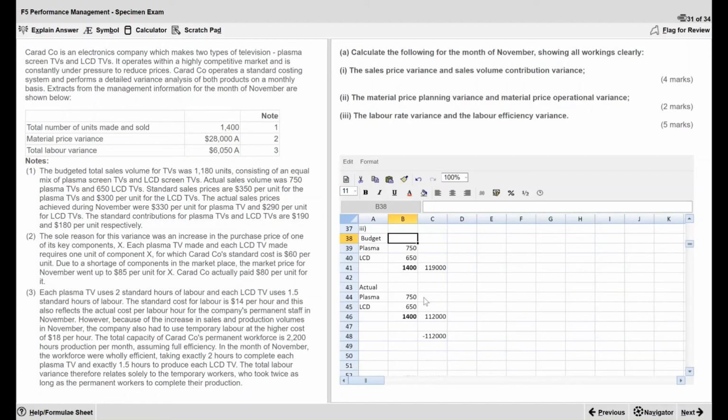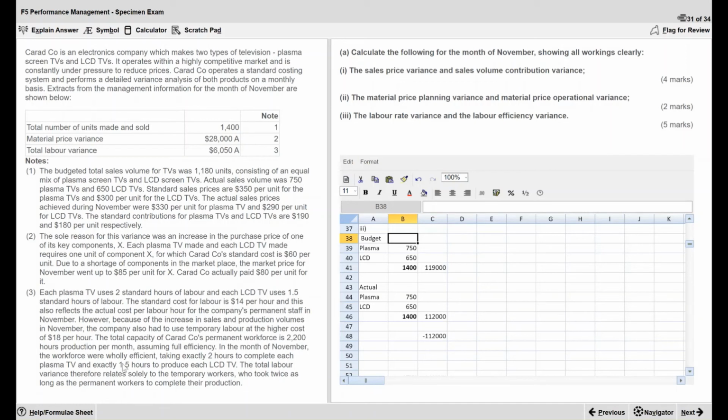The difference will be the rate variance. Now remember, as it was said here at the bottom, that the total labor variance at the top relates solely to the temporary workforce. It means that the rate variance will also relate to the temporary workforce.